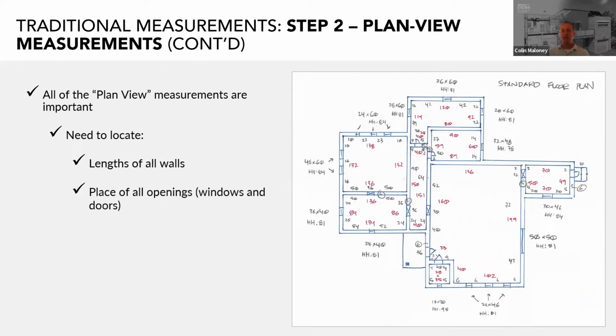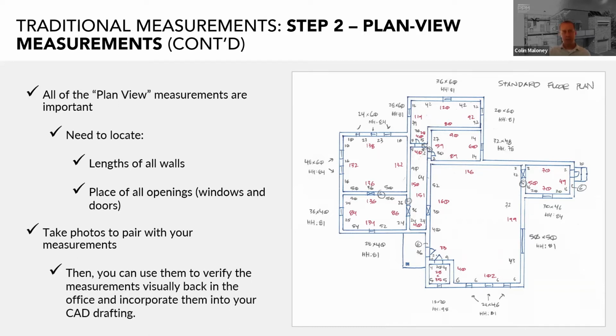That will help you verify that what you're drafting is indeed correct. Occasionally, I've seen errors that don't appear as errors on paper, but are very obvious when looking at an image. So that's a way to back yourself up. Again, in the sketch, the red measurements are the overalls. The ones in pencil are the little incremental ones in between.